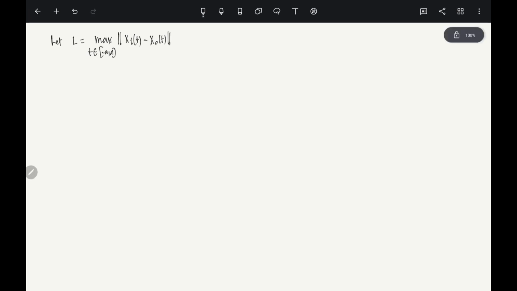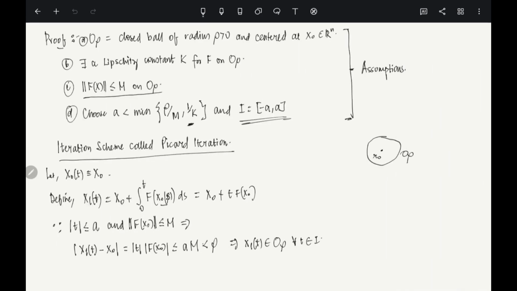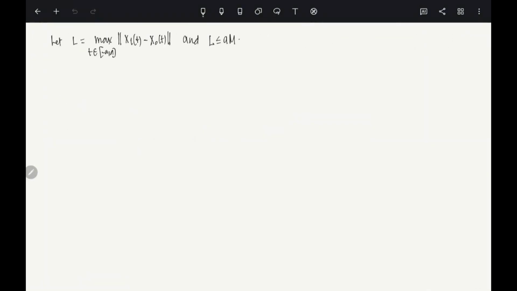Now you can of course see that L is less than or equal to M a, as we proved earlier. This is the maximum I am choosing, and I am saying that is L. So L is always bounded by M a, which is less than rho.